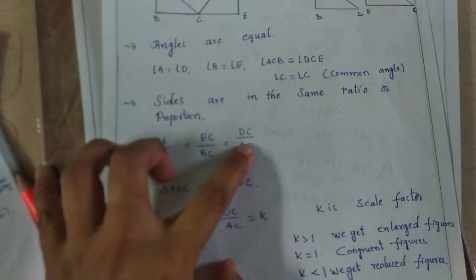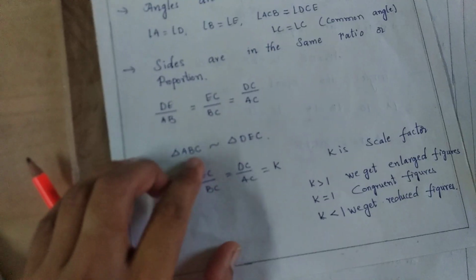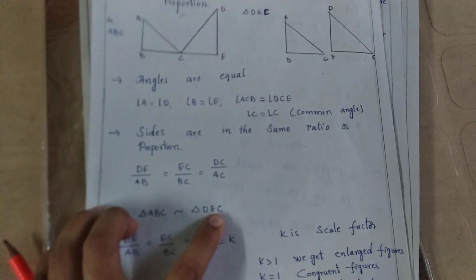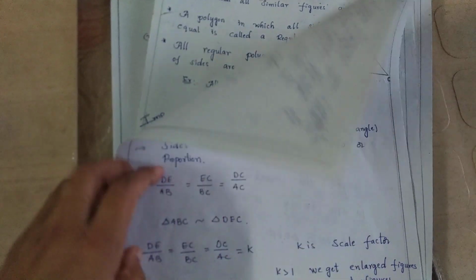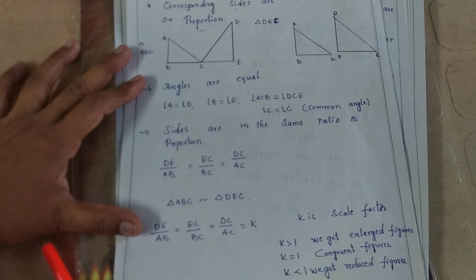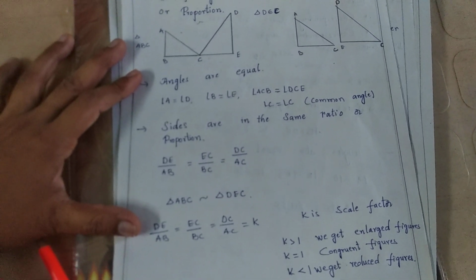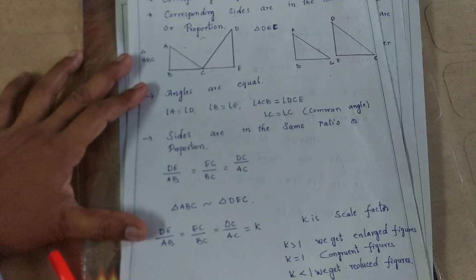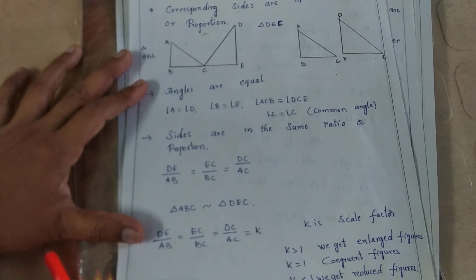Okay, children. So triangle ABC is similar to triangle DEC. The corresponding sides are in the same ratio or proportion.